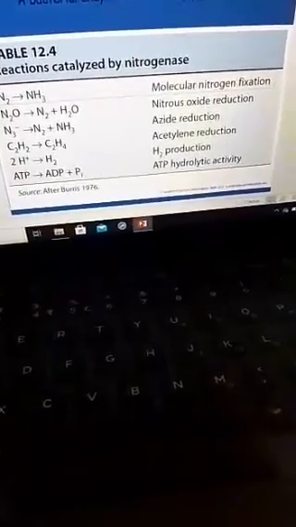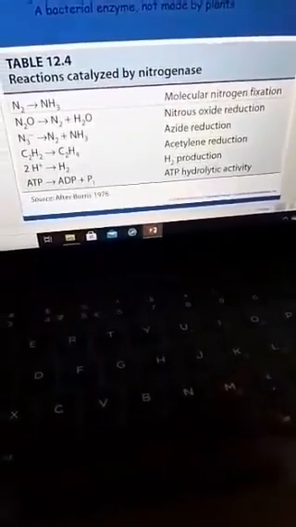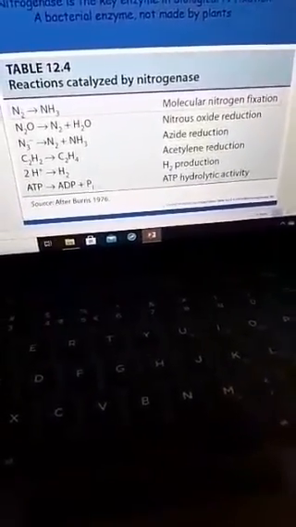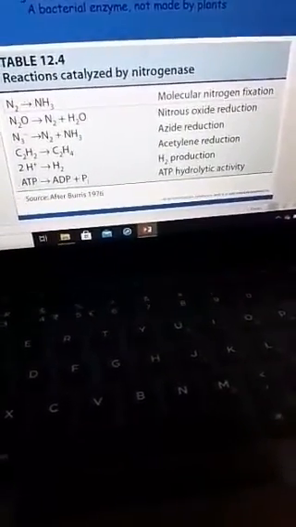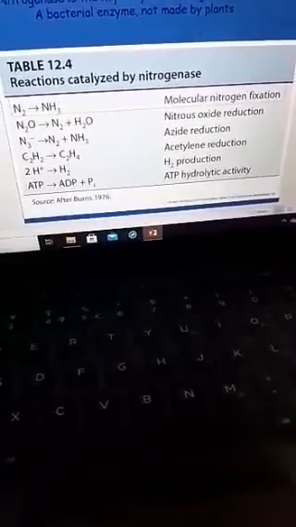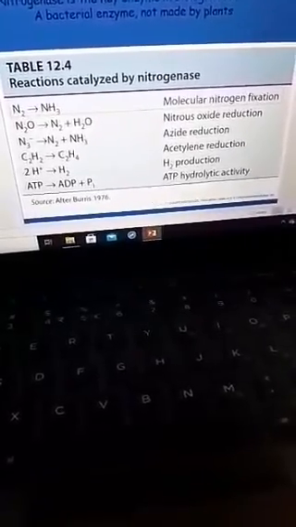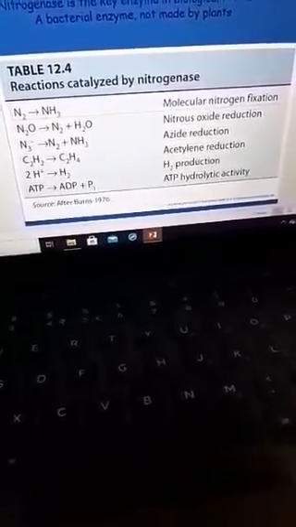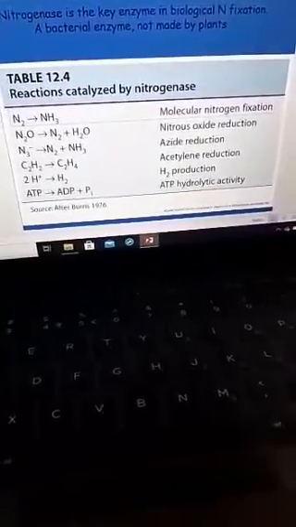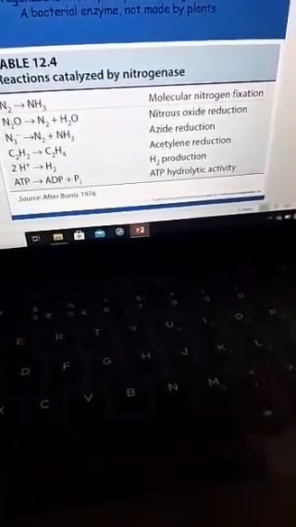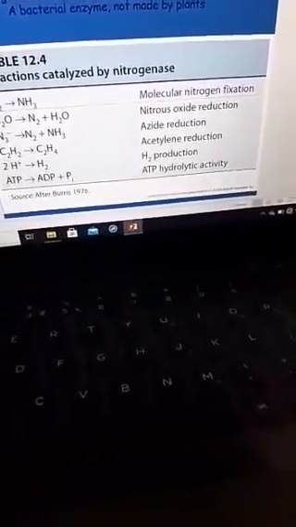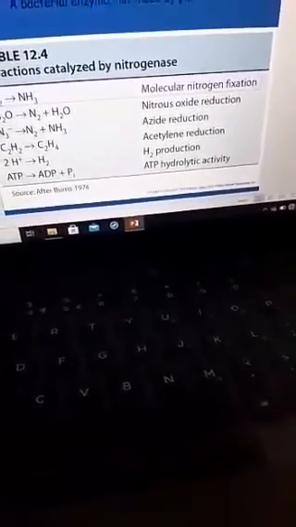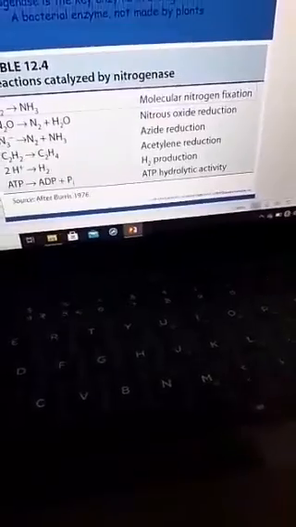So what does this enzyme do? The nitrogenase enzyme, as you can see in the first reaction, converts the N2 gas into NH3, which is ammonia. This enzyme can also reduce acetylene gas into ethylene gas.